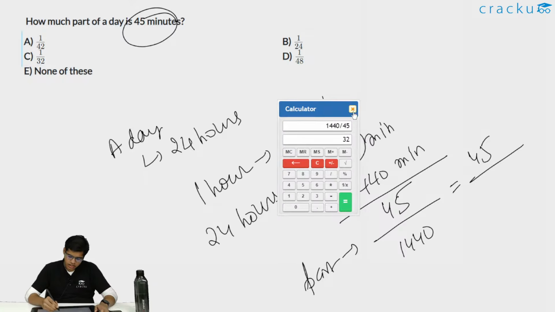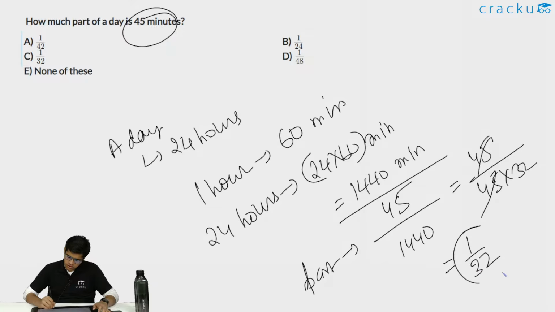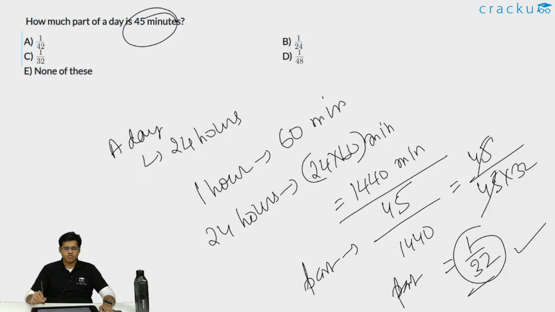So I can write 45 into 32. This I can cancel. So what is the part? The part is 1 by 32. Option C is the correct answer. Right, guys? Let's see the next question.